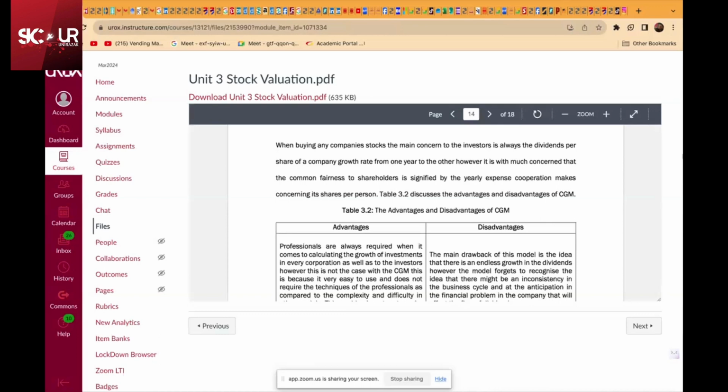However, it is with much concern that the common fairness to shareholders is signified by the yearly expanding corporation. So these are the advantage and disadvantage of the constant growth model.